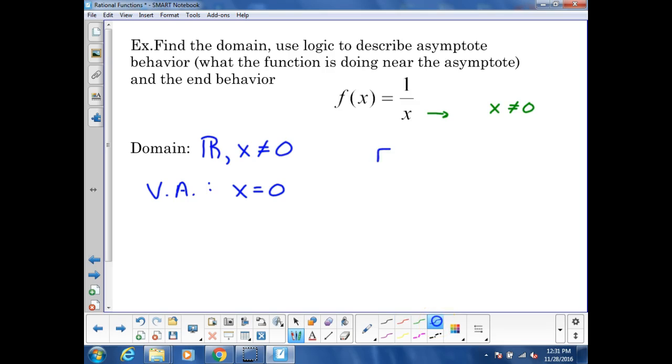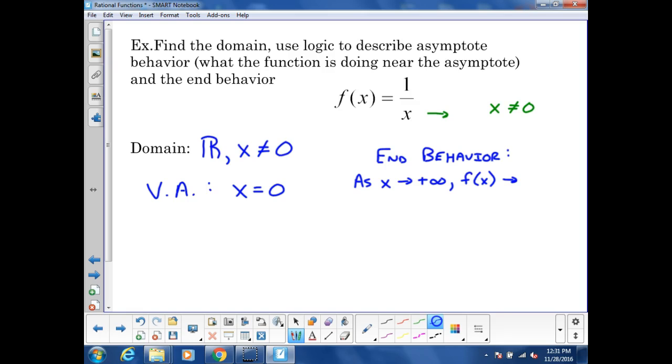So, I need to talk about my end behavior. Okay? So, end behavior says, as x goes to positive infinity, my function goes to something. Right? Okay? So as x goes to positive infinity, is that super big or super small? Super big, right? So we've got 1 divided by a super huge number. Correct? Okay?